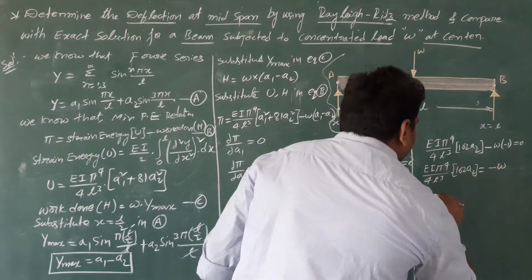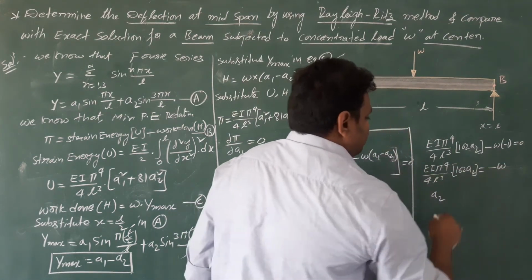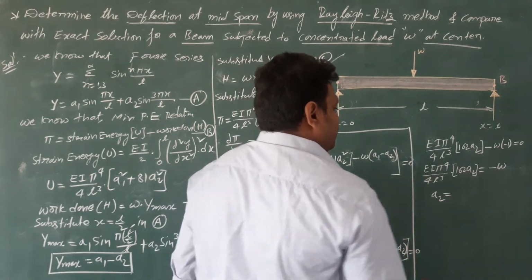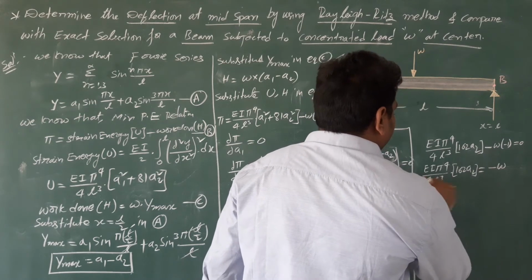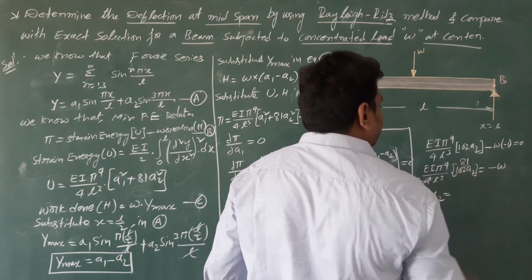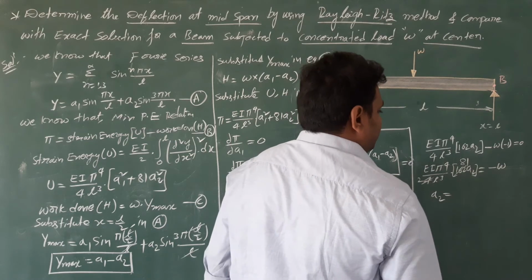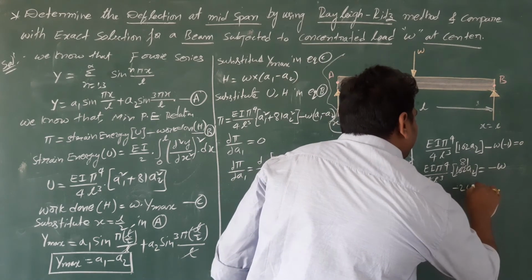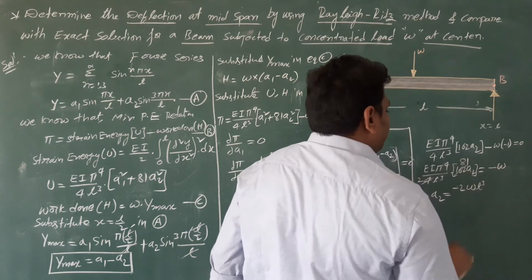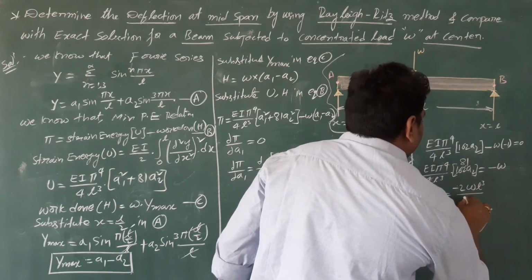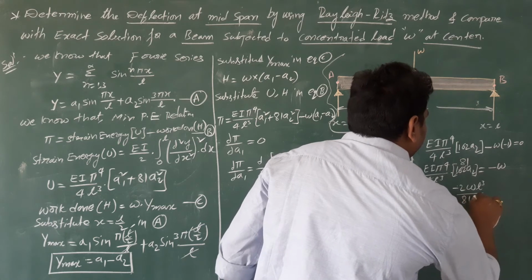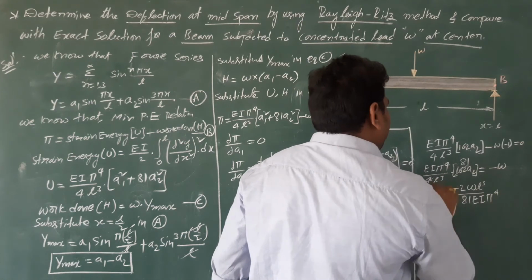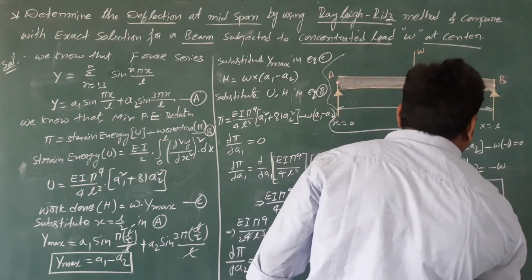We want only a2, so that's why I am writing the a2 value here. Here 2 times, 81 times cancel. So now minus 2WL cube divided by 81 EI pi power 4. Finally we got this a2 value.